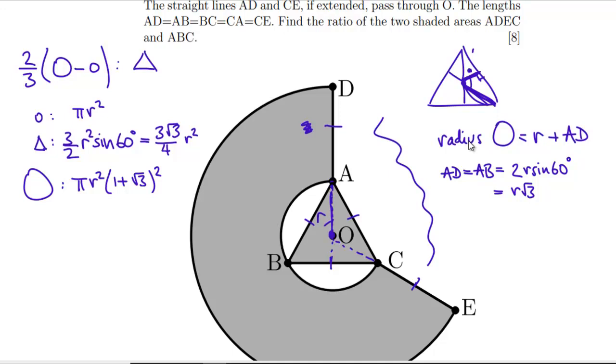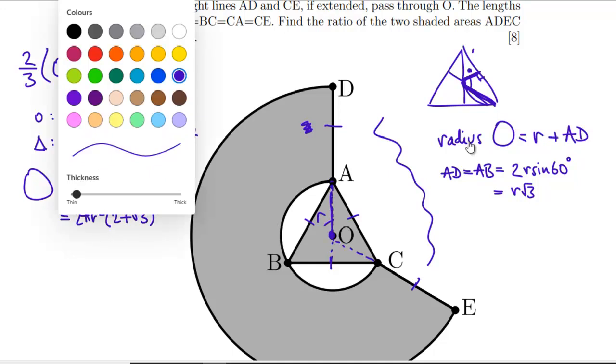Let's get rid of the square, so that's going to be 4 plus 2√3 on all of that. So 2 pi r squared (2 plus √3). Excellent.